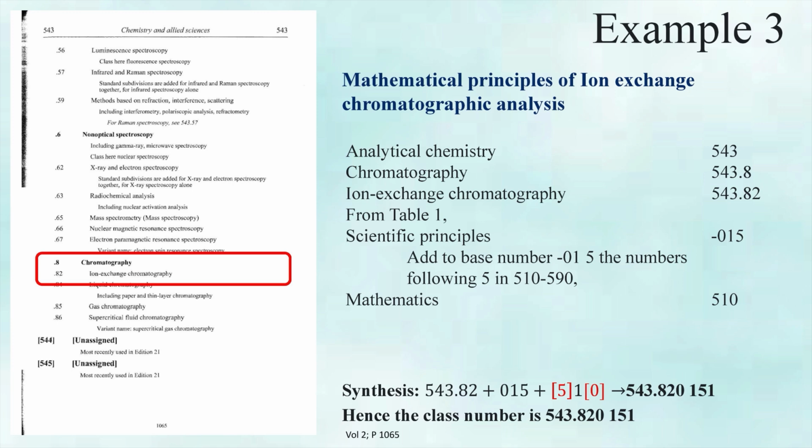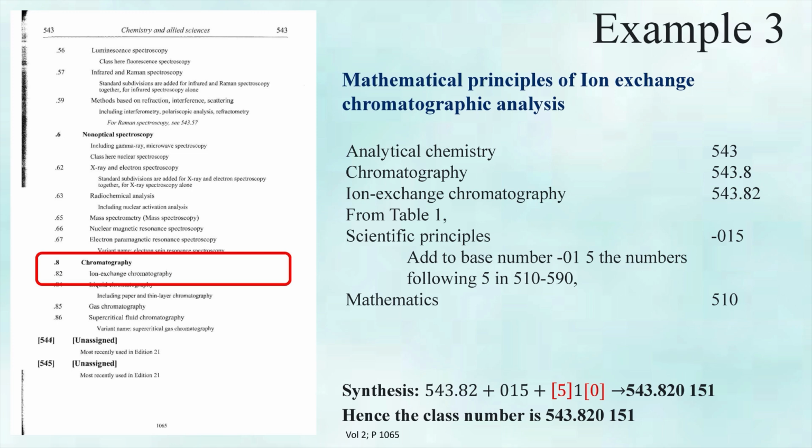So we have to add another subject, mathematics, with this particular topic or the facets we have already identified. In this type of case, we have to move to Table 1, standard subdivisions, for such kind of isolated ideas, where we have scientific principles in 015. Accordingly, there is an example: add to the base number 015 the number following 5 in 510 to 590.